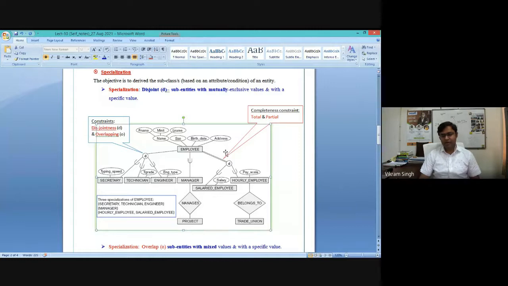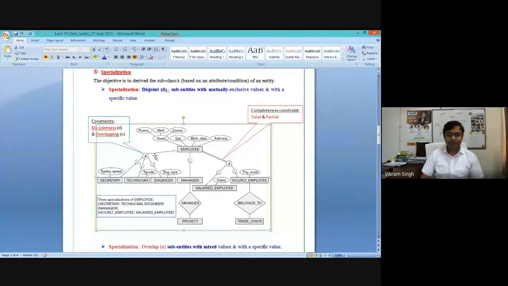So with this simplistic understanding of specialization, you can point out here that for performing the specialization there is a particular letter, which is D, placed. Now D indicates a specialization with disjoint values.